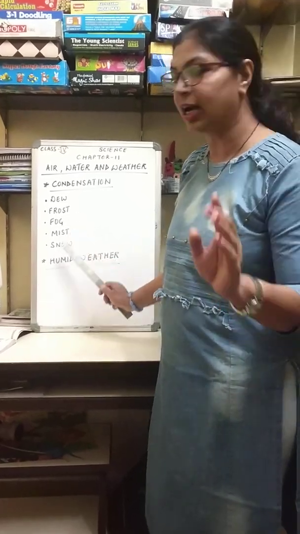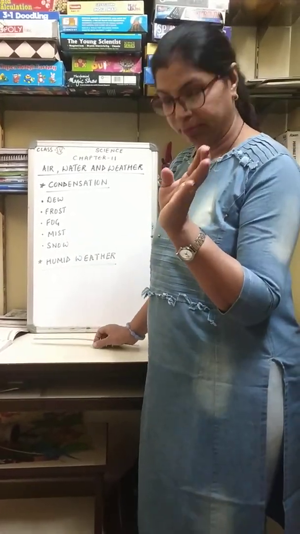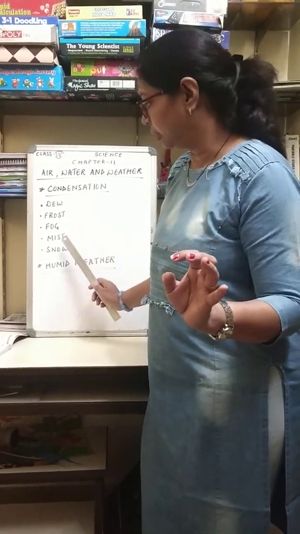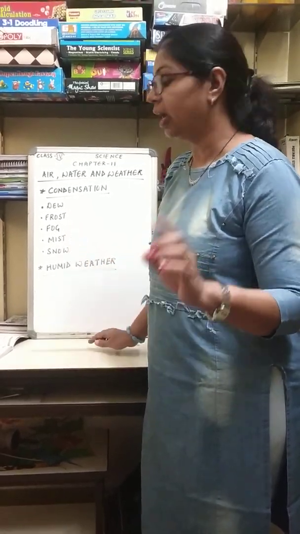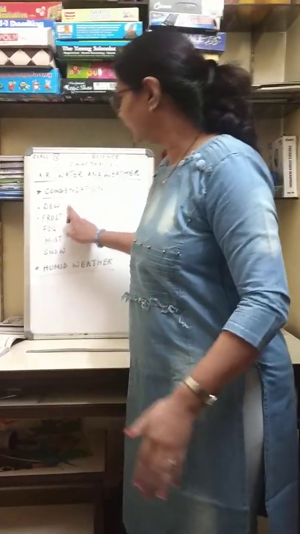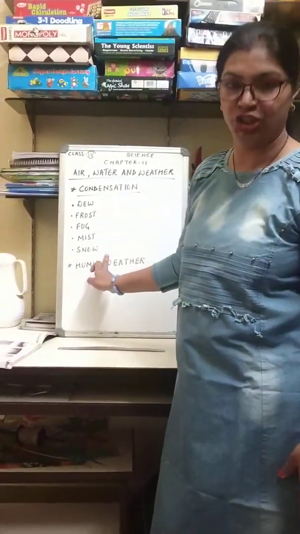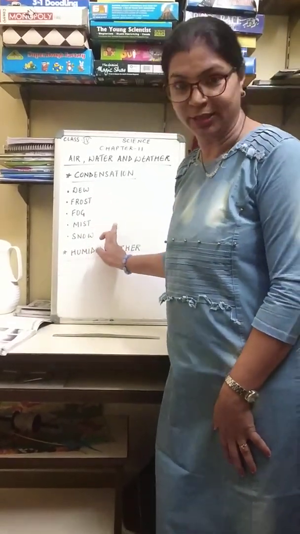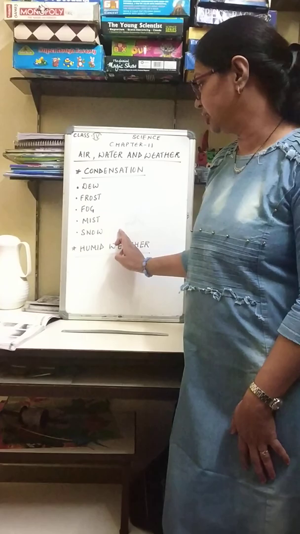Fog and mist are more or less the same, but there is a difference between dew, frost, fog, mist and snow. I am going to explain them. These are the ways in which water vapor condenses.